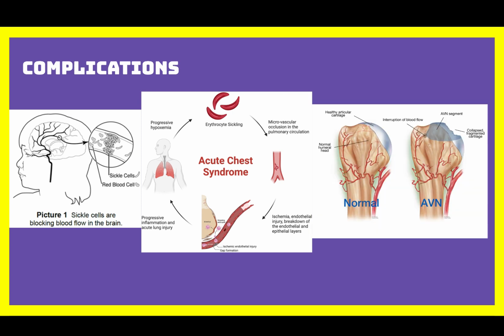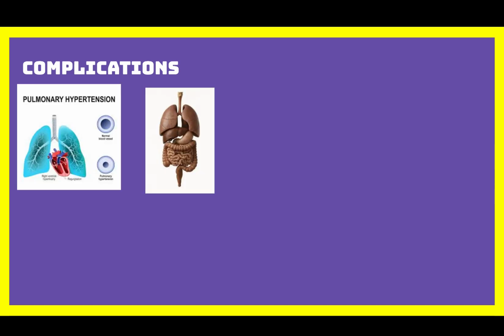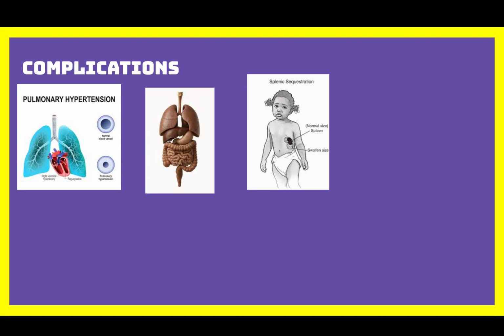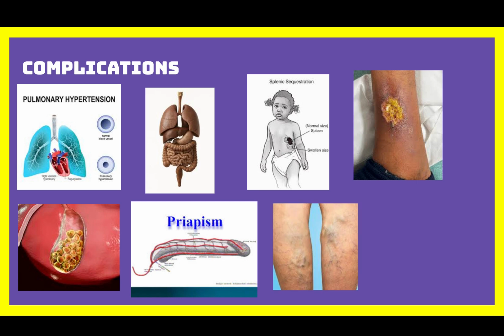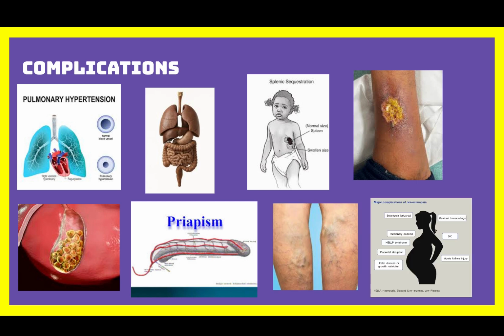Avascular necrosis can arise when blocked vessels prevent adequate blood supply to bones, causing joint damage or bone death, most commonly in the hip. Pulmonary hypertension, organ damage, splenic sequestration, leg ulcers, gallstones, priapism, deep vein thrombosis, and pregnancy-related complications are also associated with the disease.